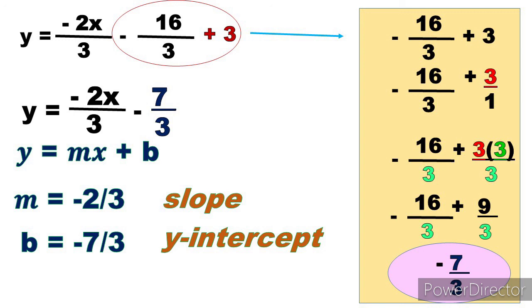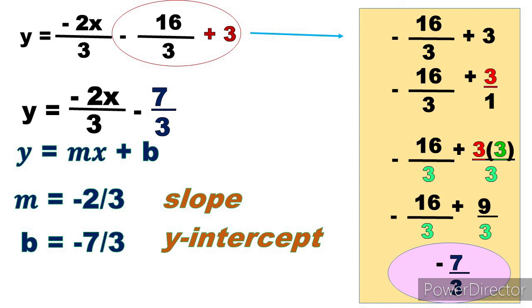Since they are now similar fractions with the same denominator, we just add the numerators and copy the denominator. Negative 16 plus 9 is negative 7, and we just copy the common denominator 3. Again, negative 16 over 3 plus 3 equals negative 7 over 3.